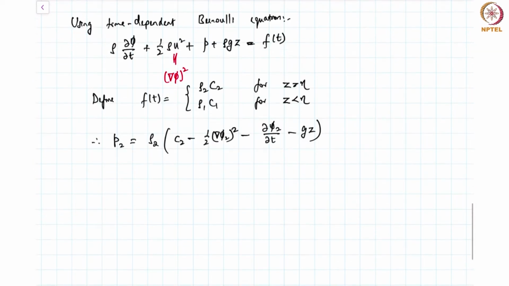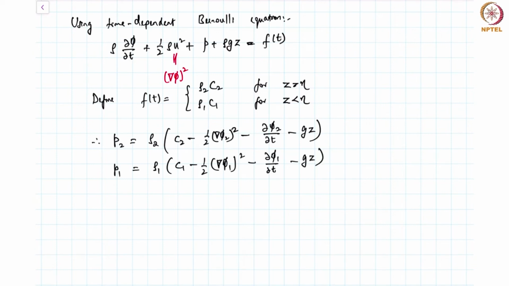This is for the upper fluid, and for the lower fluid I have rho 1 C1 minus half gradient of phi 1 whole square minus del phi 1 by del t minus gz. Correct? This is what I have.